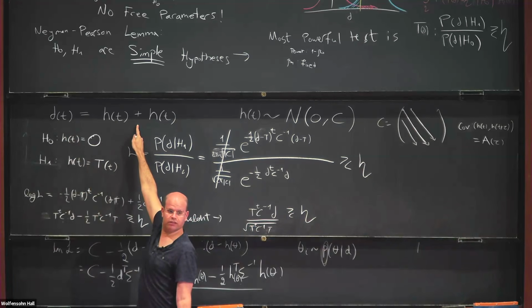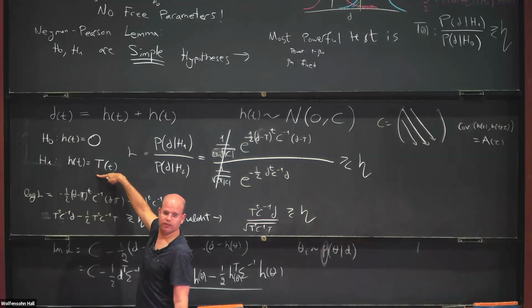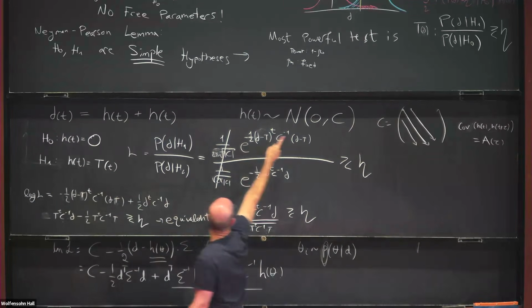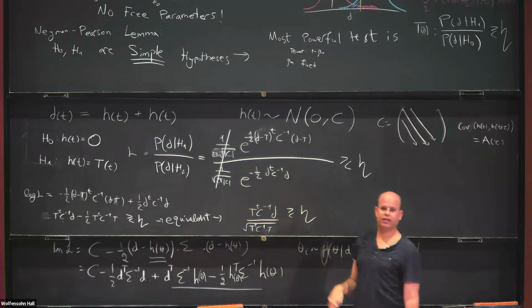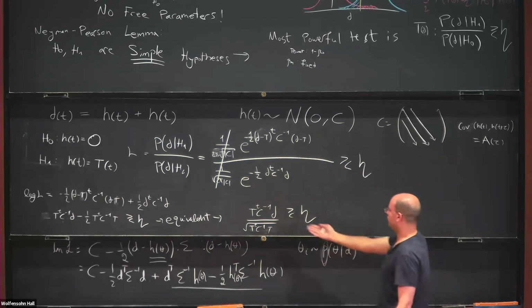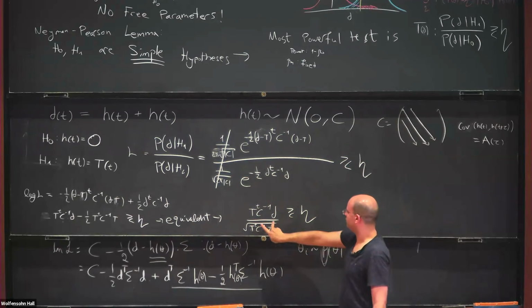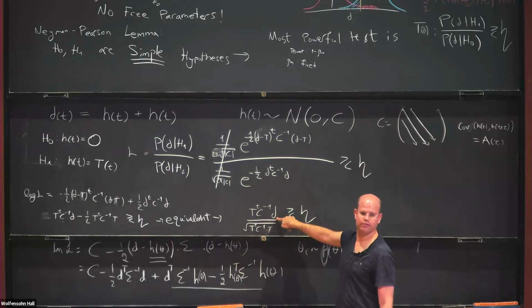It has some expectation value that we have two different theories about, and it has a variance, covariance. A linear transformation of a Gaussian variable is a Gaussian variable. Here is a linear transformation. This entire thing, dotting D, it's a linear transformation.